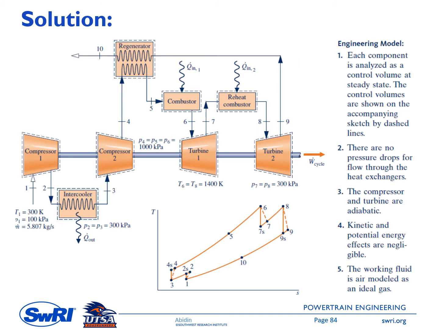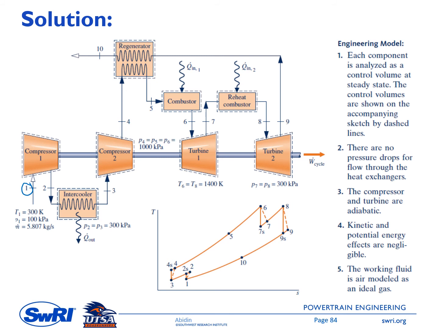This is the schematic of the system, pretty much the same as the one in the previous slide, but here you can see the number for certain state or operating point. At point 1, it is the entrance to the first compressor.